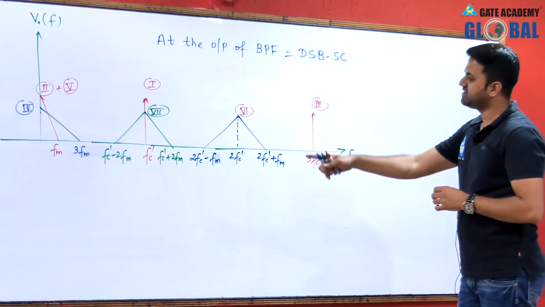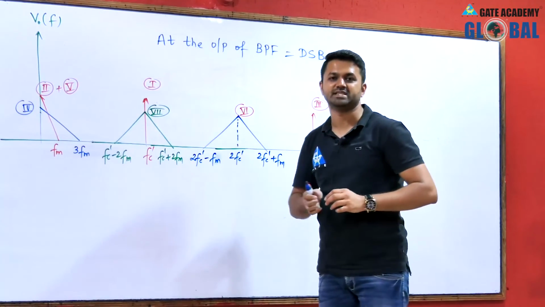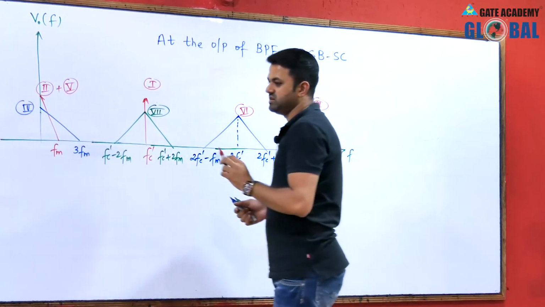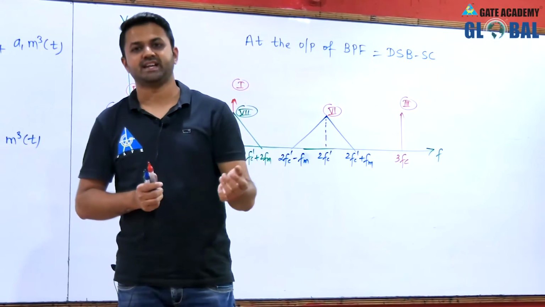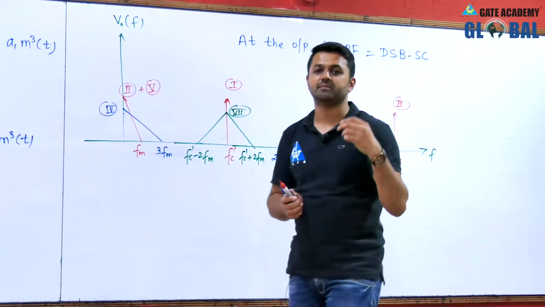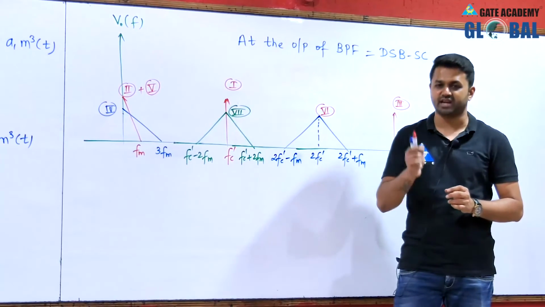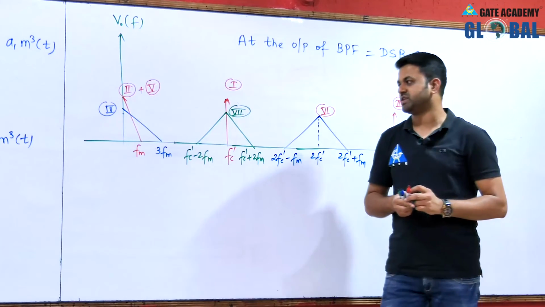So we have to find in this spectrum which is the double sideband suppressed carrier. Double sideband means it should have frequency components higher than the carrier frequency and lower than the carrier frequency, and suppressed carrier means at the center frequency it should not have any other component.